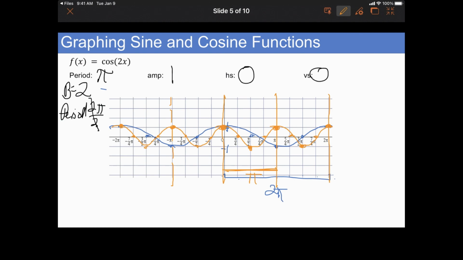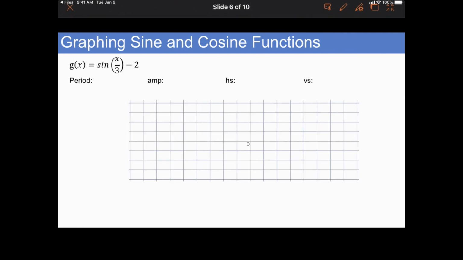So the nice sinusoidal wave, nice shape, smooth and curvy, label that, that's my graph. So you can see that the period is smaller, so you have more cycles. So in 2 pi, now I have 2 cycles instead of 1, twice as many. All right, let's go to our next graph.